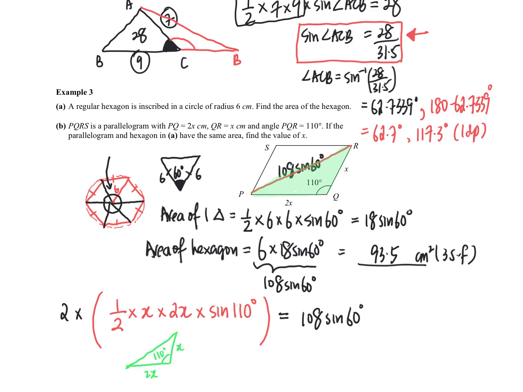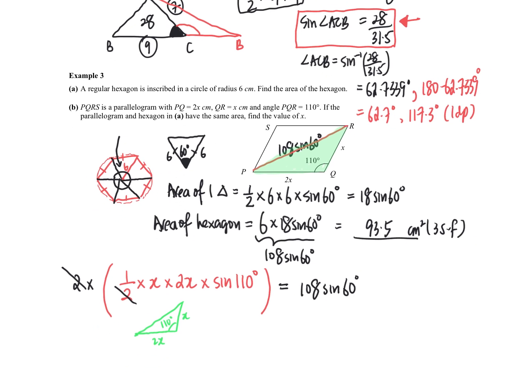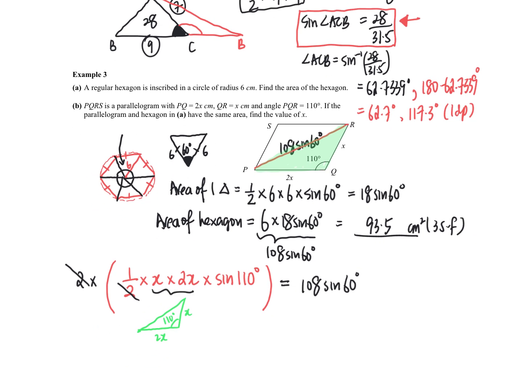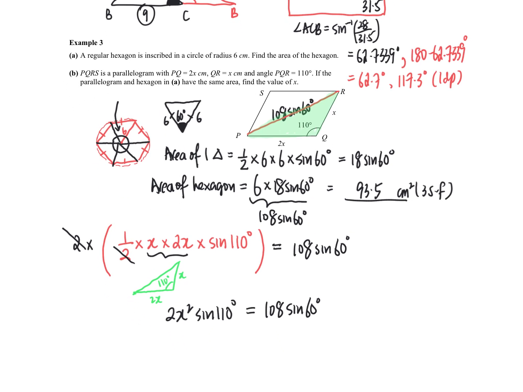Okay, so go and simplify. The half and the 2 cancel out. Okay, we have a 2x squared here. My mission is to find the x, so I keep the x squared here, everything else divide over. So to find x, just take a square root.